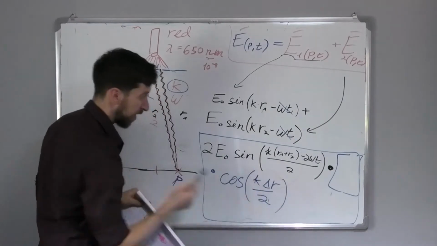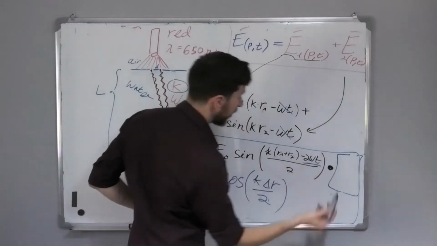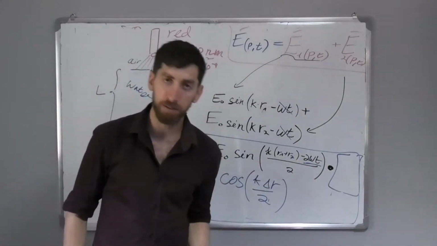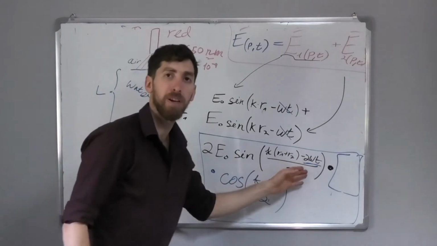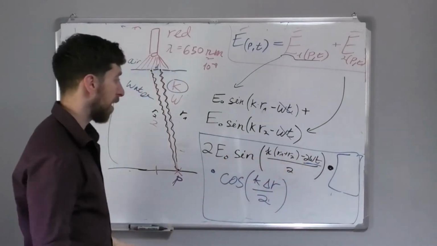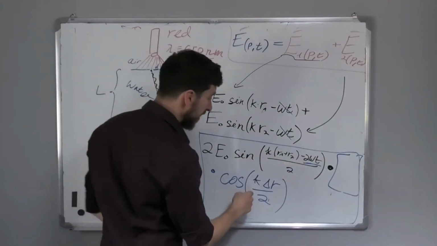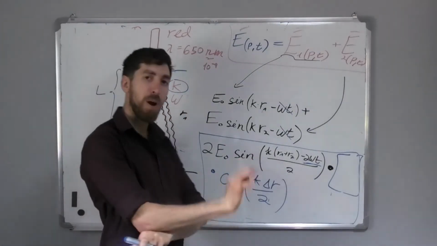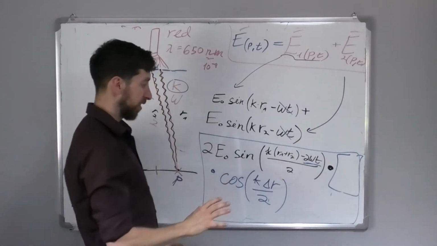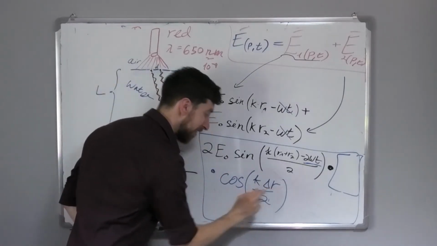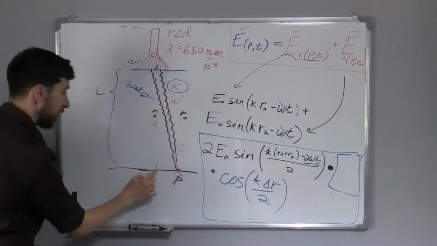If we look at that idea and say this is changing in time, sometimes it's 0, sometimes it's maximum, but it's always there. Maybe at a specific time you don't see it, but most of the time it's there. But what happens here? Here, it's not relevant to time at all. It's only relevant to space. It's relevant to the distance between these two beams, which is different at every point.